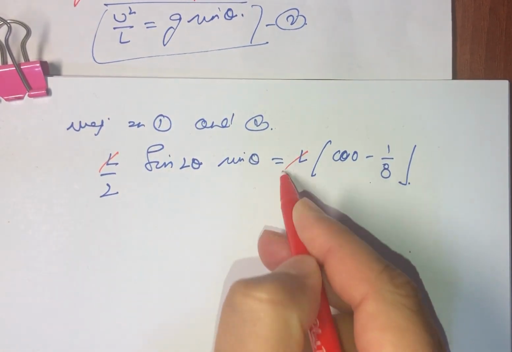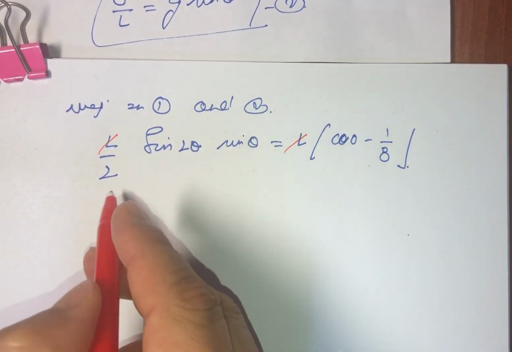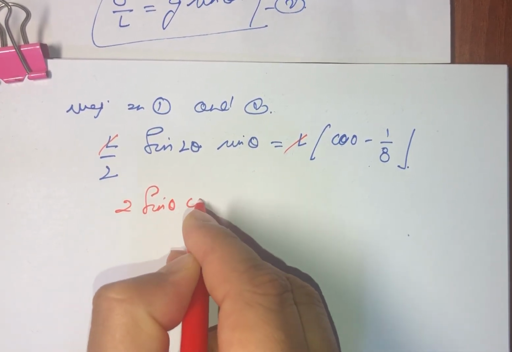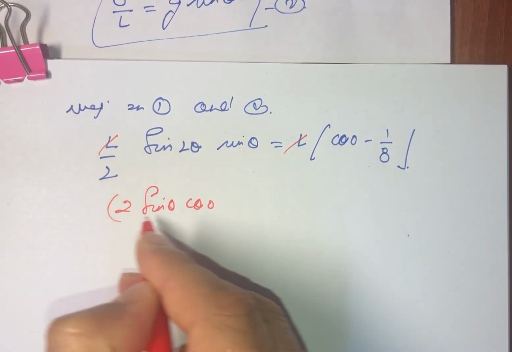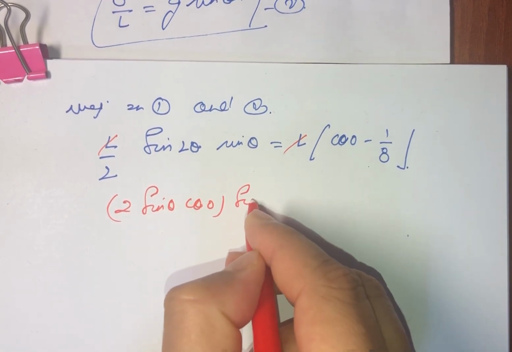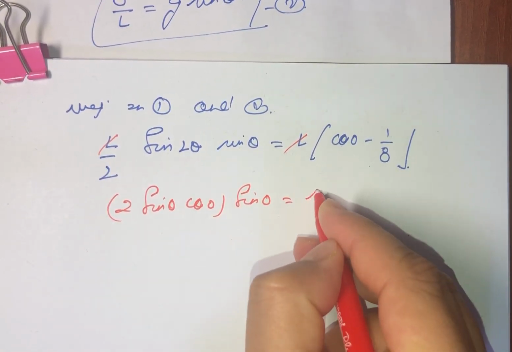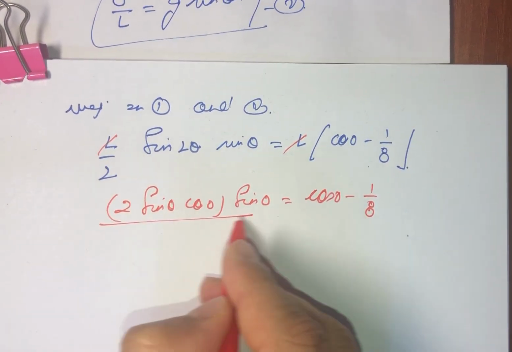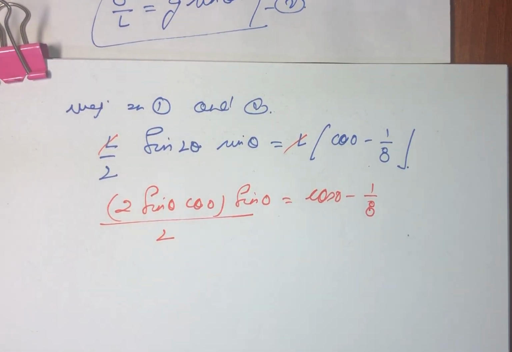So L and L cancel out. So we can expand this equation as 2 sine theta cos theta multiplied by sine of theta is equal to cos theta minus 1 by 8 and divided by 2. This 2 and 2 cancel out.